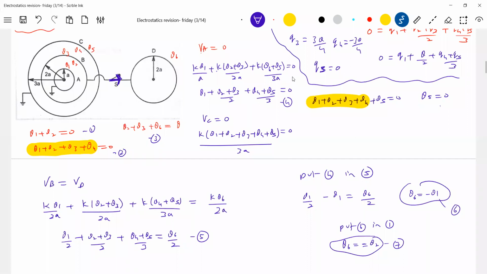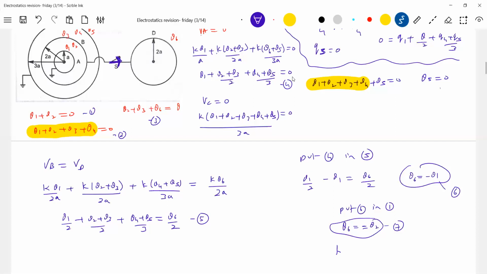That we are forgetting. One more, I'll write it. From 1 and 2 it is, yeah, Q3 plus Q4 equal to 0. Okay, you have to solve all.